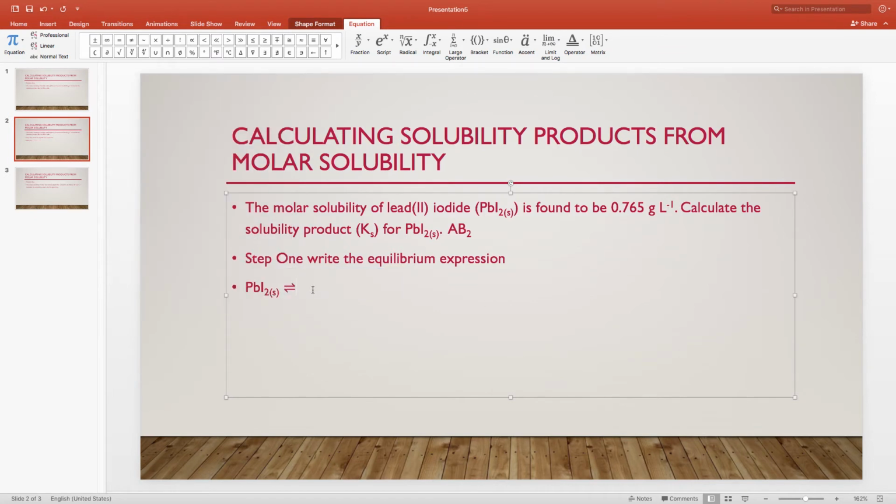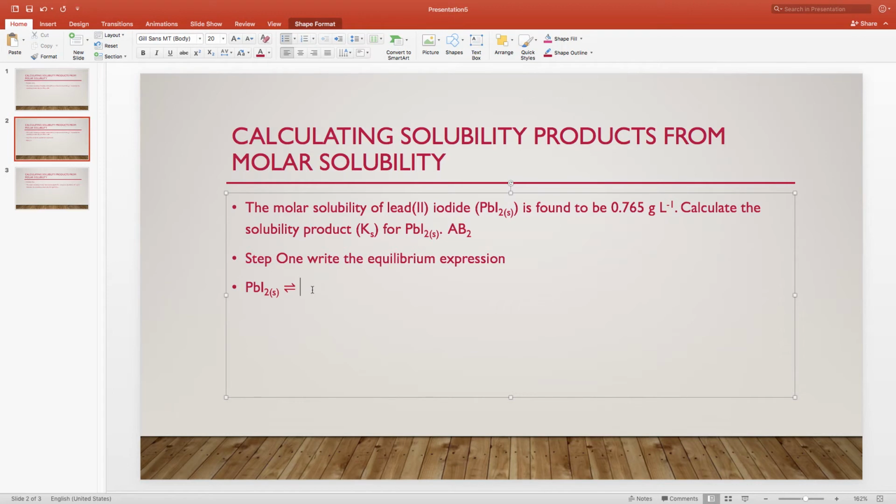So in this particular case we're going to get Pb 2 plus ions, 1 mole. So for every mole of lead iodide we're going to get 1 mole of lead ions, but we're going to get 2 moles of iodide ions.